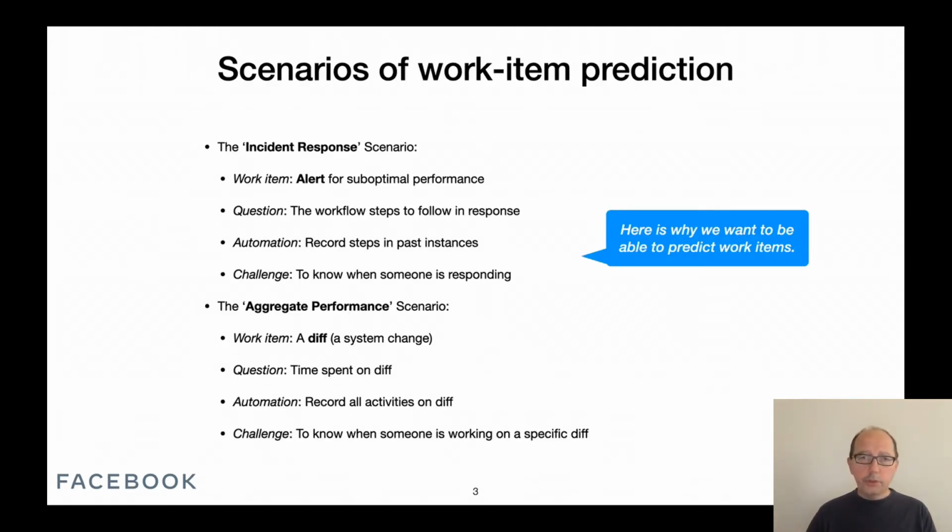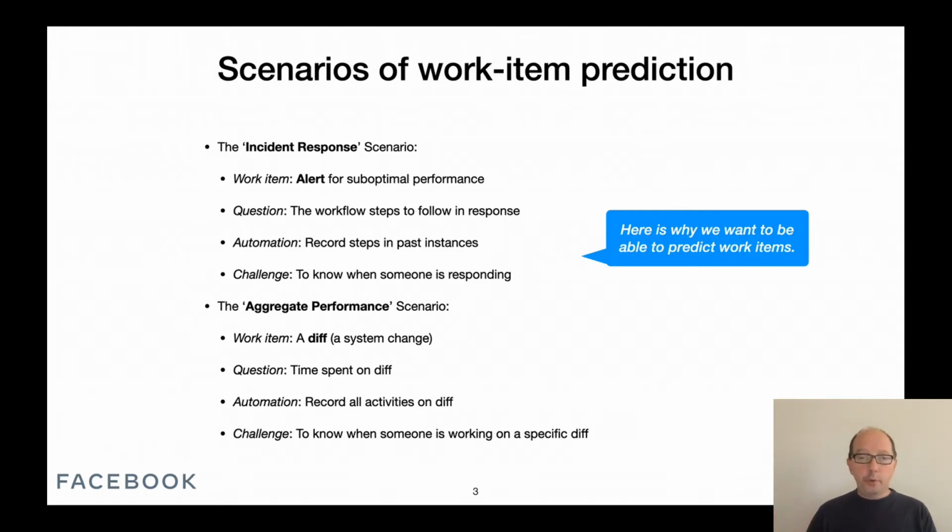Okay, so here are two scenarios for work item prediction, just to show that we want to predict work items quite many times. So the first scenario would be incident response. The work item of interest is some alert. And so the engineer would like to respond to the alert and would like to benefit from past responses.